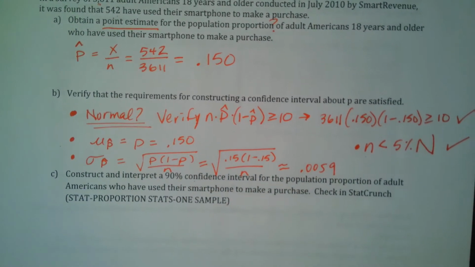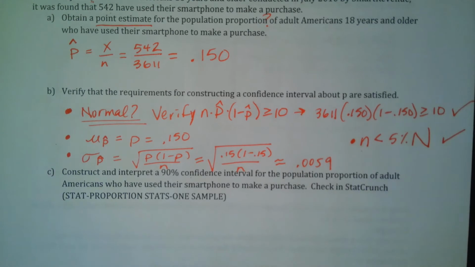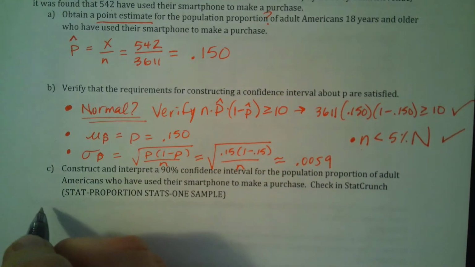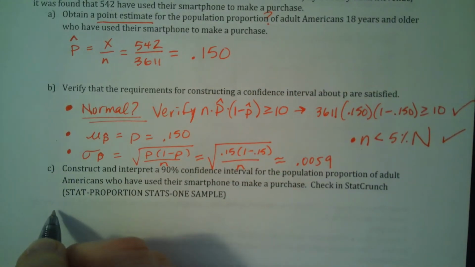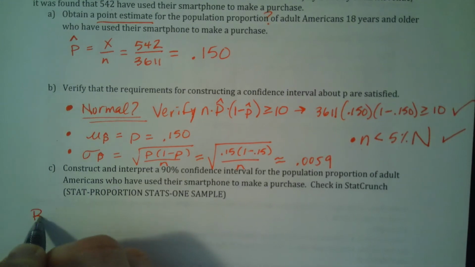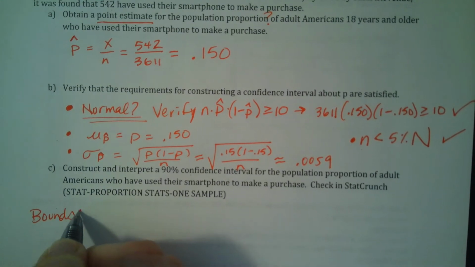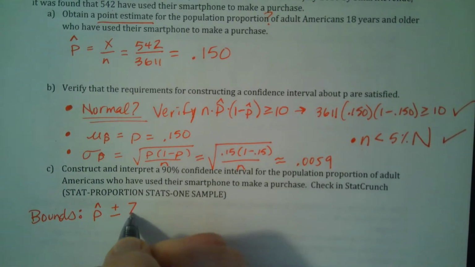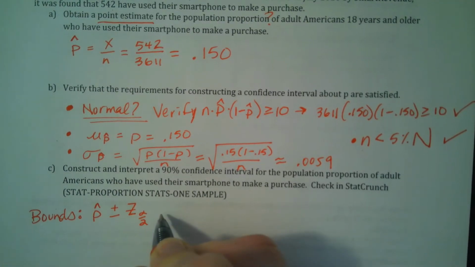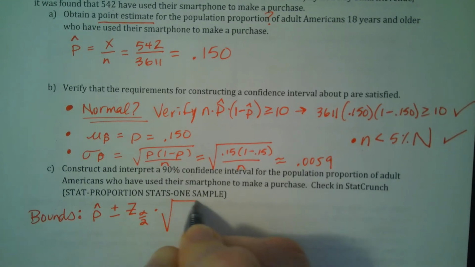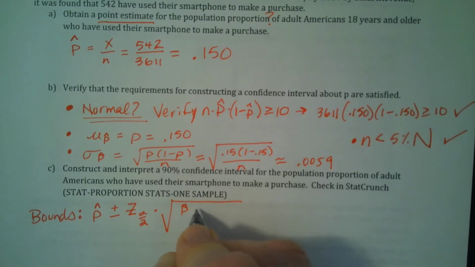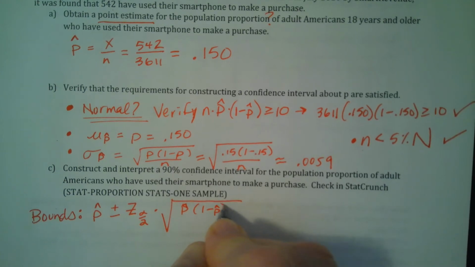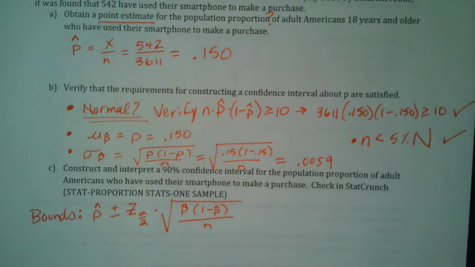So let's go ahead and construct a 90% confidence interval for this particular example. Using the formula from the previous page, we know that our upper and lower bounds are found by the following formula: p hat plus or minus z of alpha over 2 times the square root of p hat times 1 minus p hat over n.